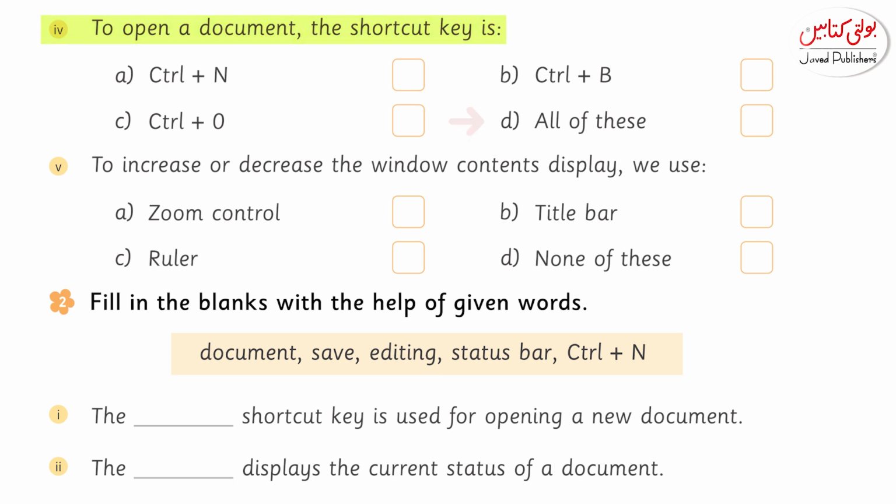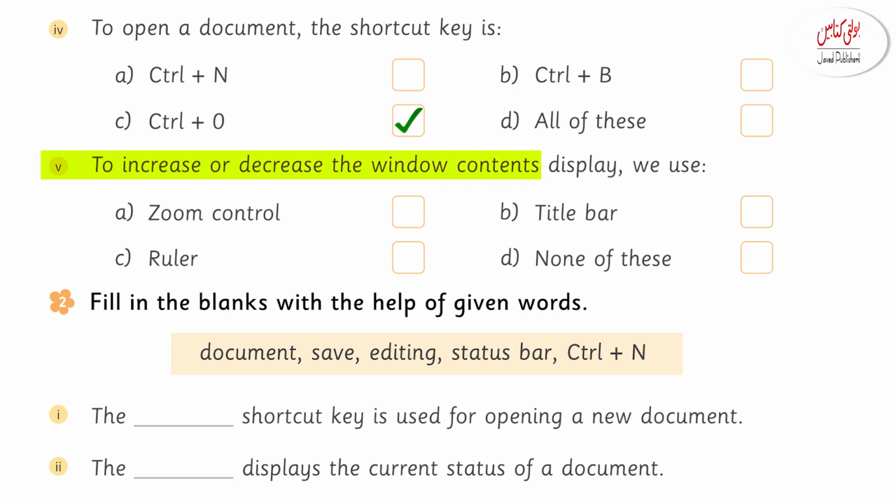The right option is Control plus O. To increase or decrease the window contents display, we use A zoom control, B title bar, C ruler, or D none of these. Option A is the right answer. Zoom control.